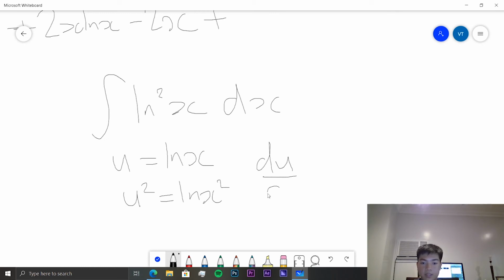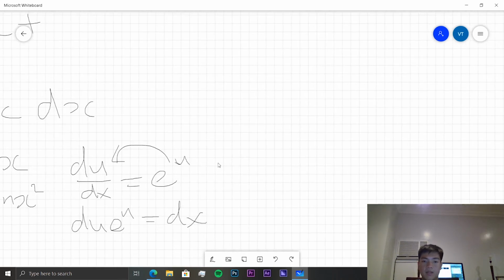And so du over dx is equal to, well, if we integrate it via e to the u, then we have du, e to the u, sorry, I mean this should be on this side, of course, it's equal to dx.